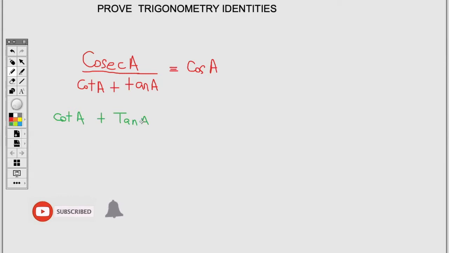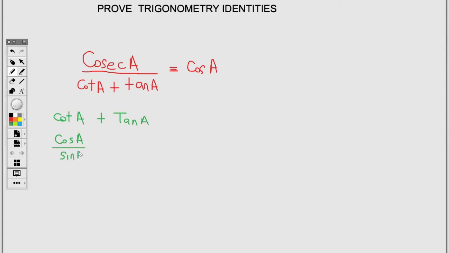Now we can recall the identity for cot A. Cot A is the same thing as cos A over sine A. So all I'm doing is replacing it with the identity.